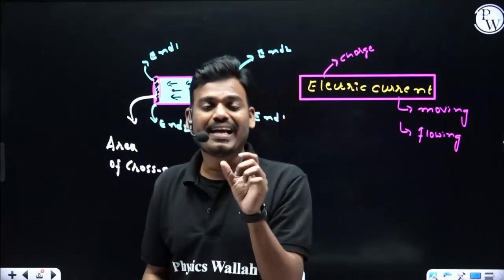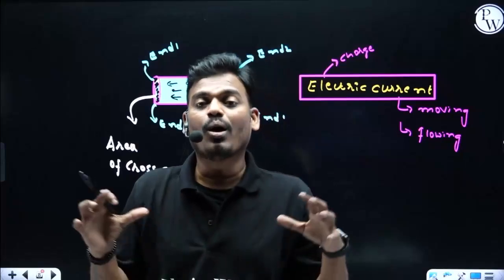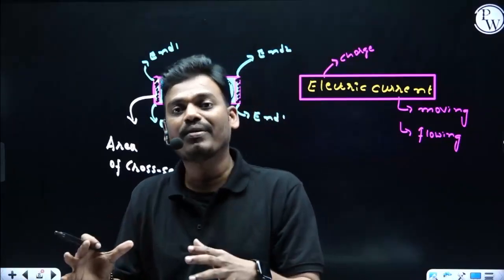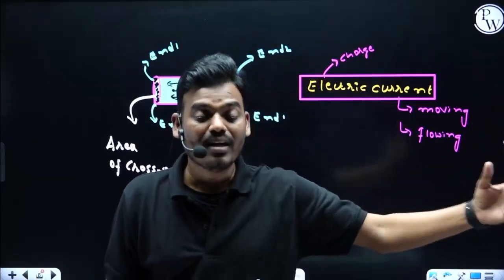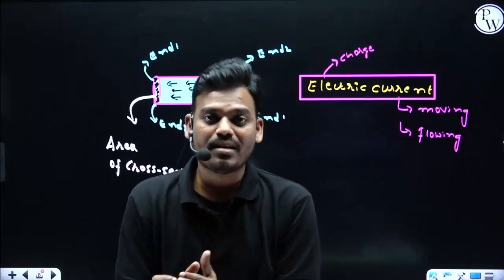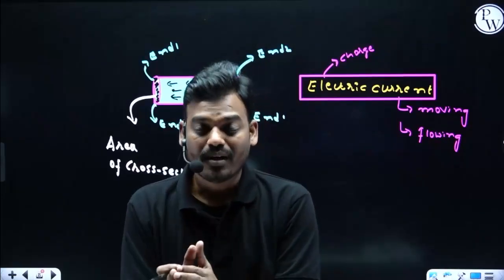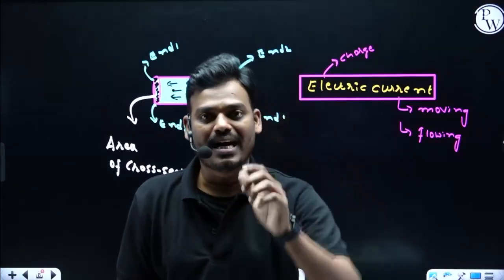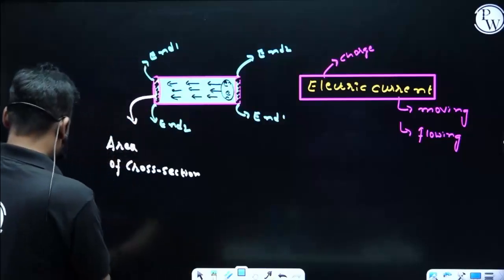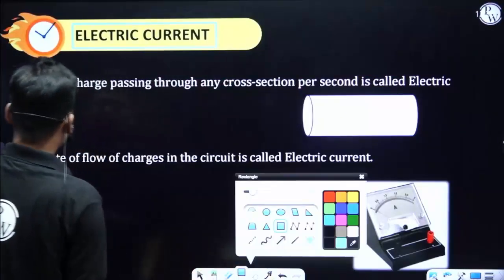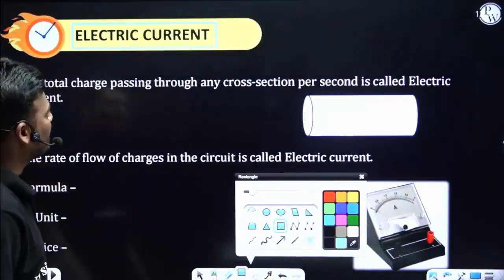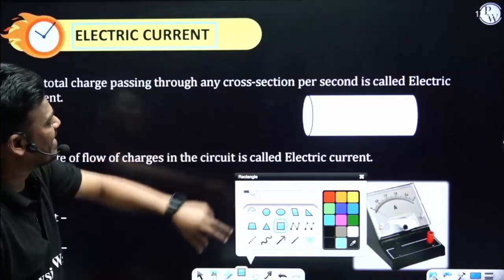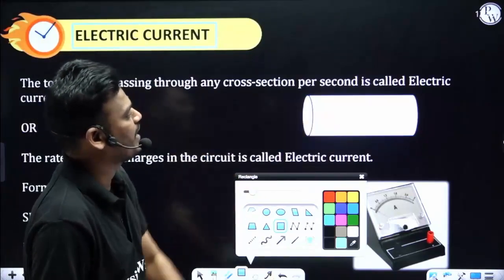But in a conductor, there will be a large number of electrons and charges. So instead of a number, I'll be considering total charges. Now, definition wise, we can say the total charge passing through any cross section per second.